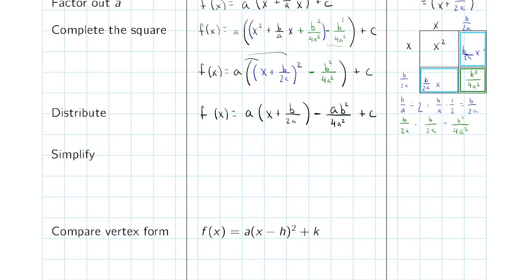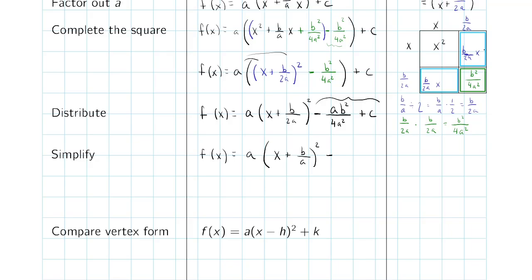Now all we need to do is simplify this part. So we've got f of x equals a times x plus b over 2a squared minus, what do we have here?